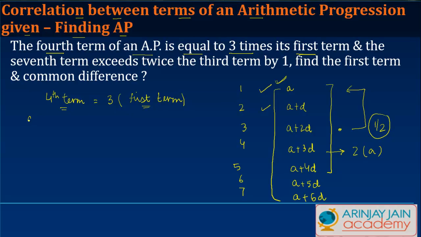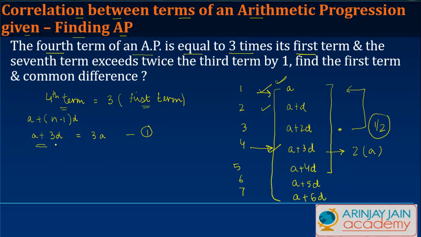The fourth term can be written as A plus (n minus 1)D, or simply A plus, n is 4, so 4 minus 1, 3D, is equal to 3 times the first term, 3A. You can also look at this table: the fourth term is this, the first term is here. So this is your first equation.